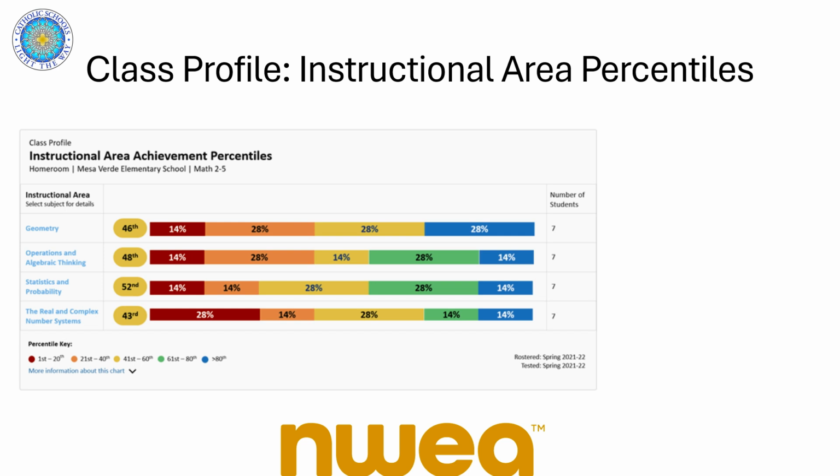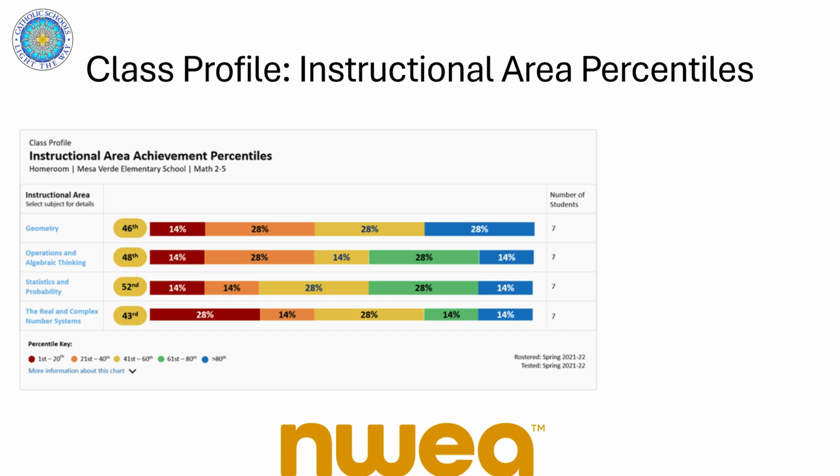So on the left-hand side, we have the instructional areas. So the items that are assessed for grades 2 to 5 in math are geometry, operations and algebraic thinking, statistics and probability, and the real and complex number system.